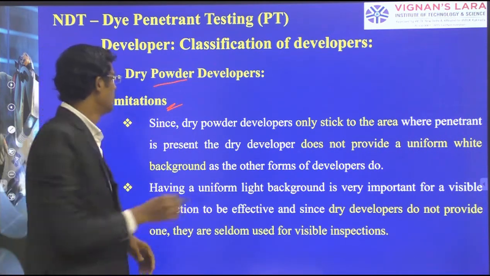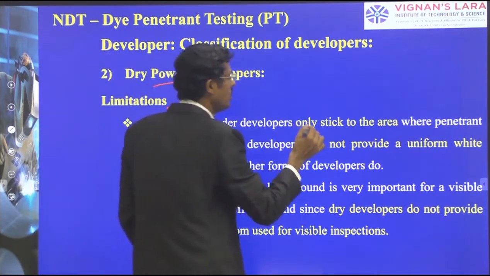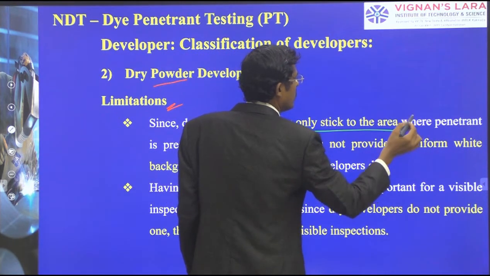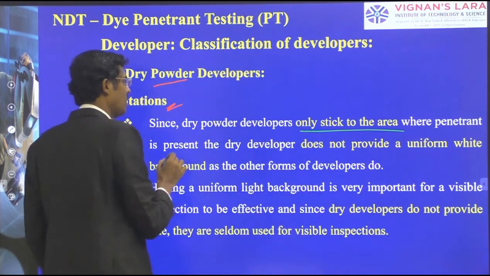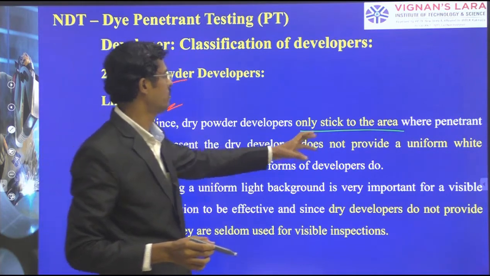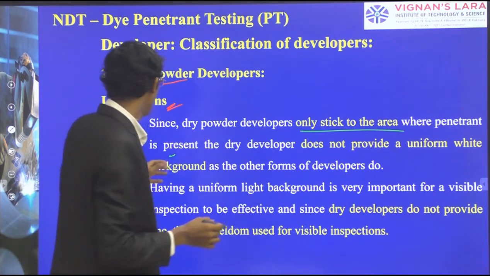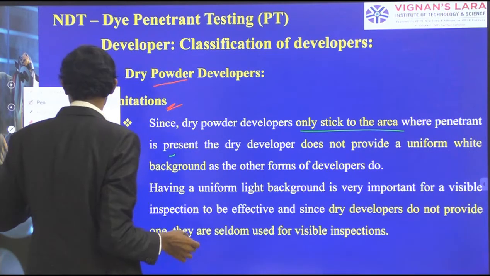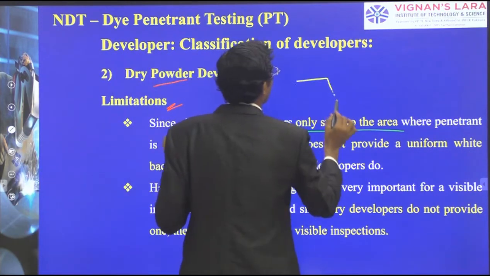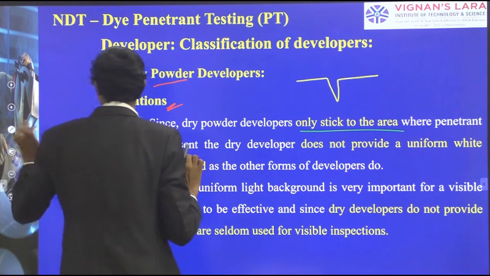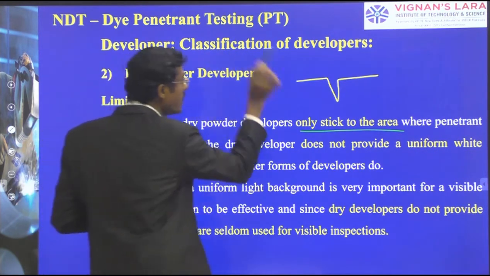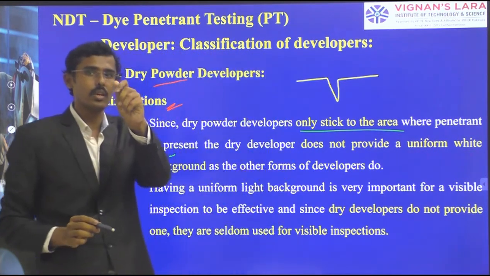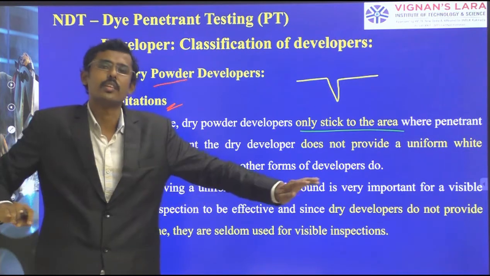Since dry powder developers only stick to the area where the penetrant is present, the dry developer does not provide a uniform white background as other forms of developer do. You see, we have a crack here, and I am putting the dry powder; it is not a fluid to flow over there.